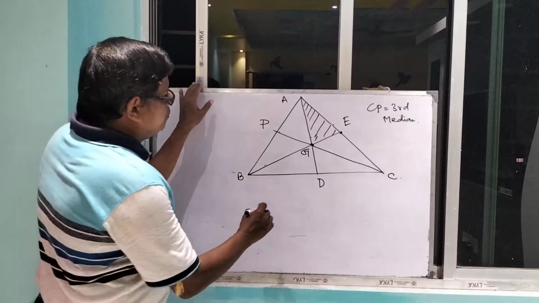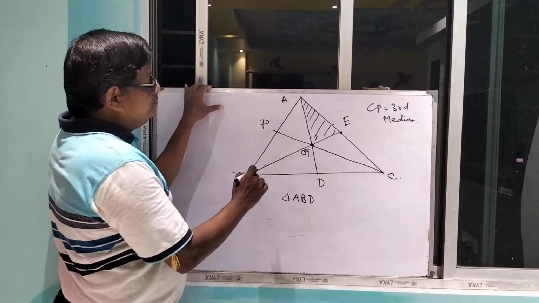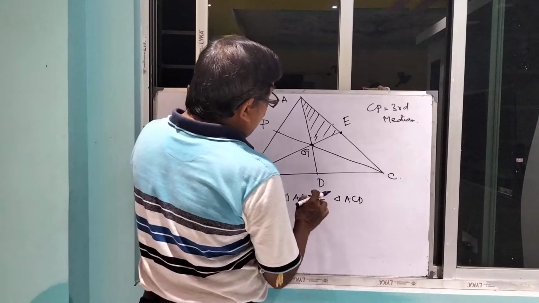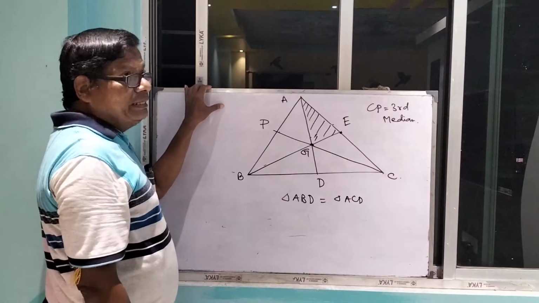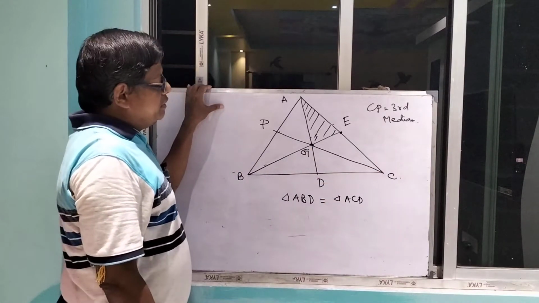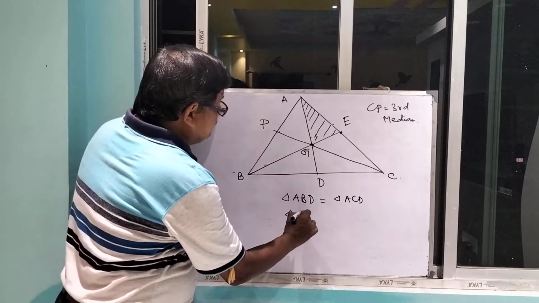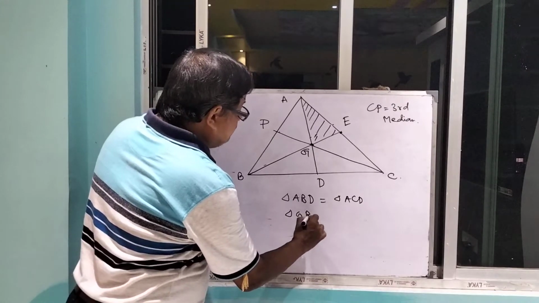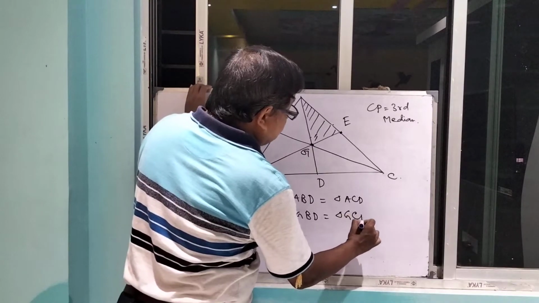See, first, triangle ABD equals triangle ACD, because AD is a median. Again in triangle BGC, GD is also a median, so area of triangle GBD is equal to area of triangle GCD.